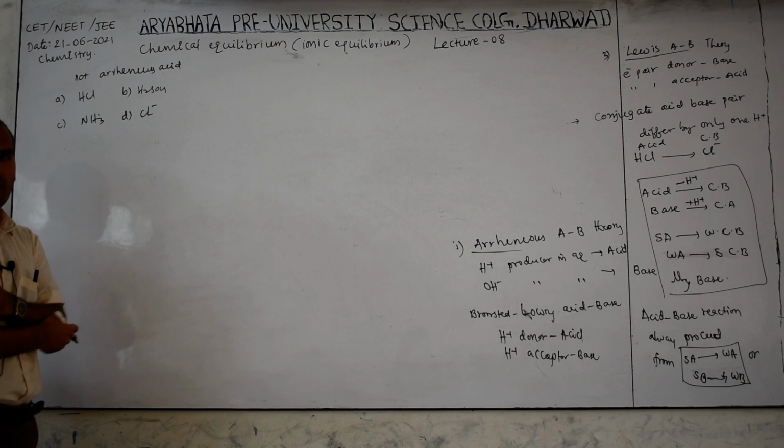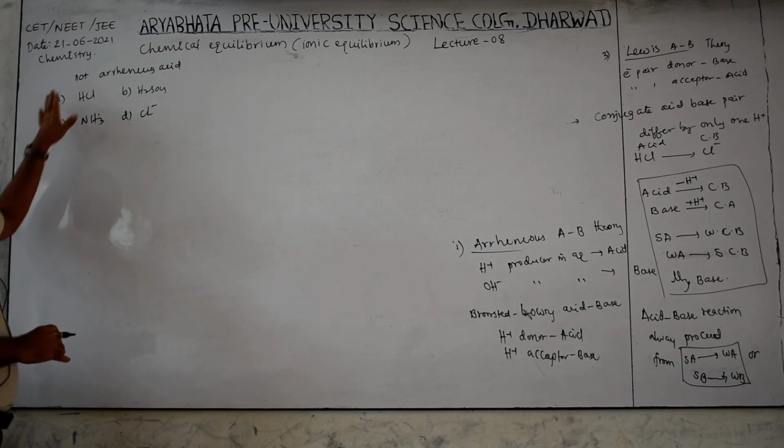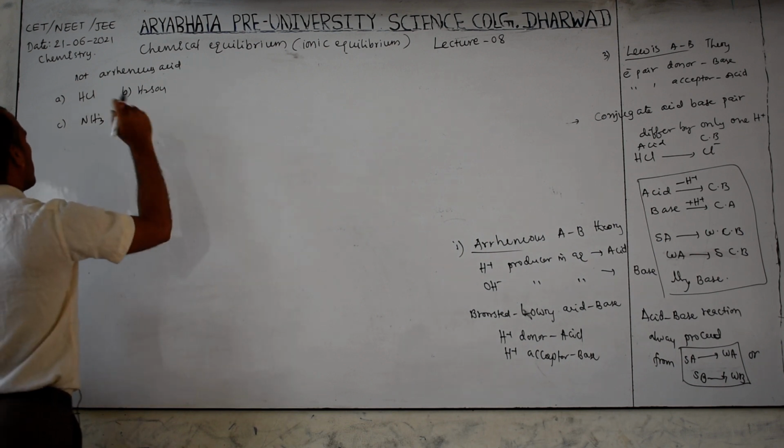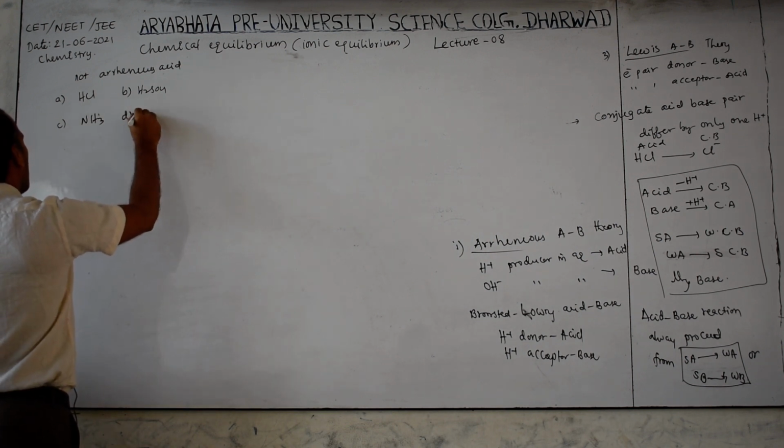If like this is given, then you have to answer. Which of the following is not an Arrhenius acid? Otherwise we can write this, because only one option is correct.